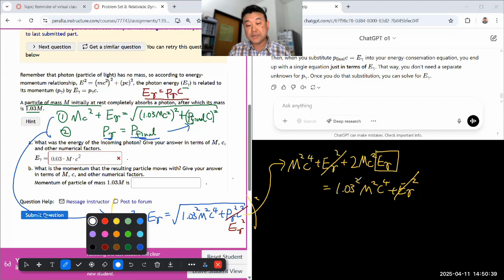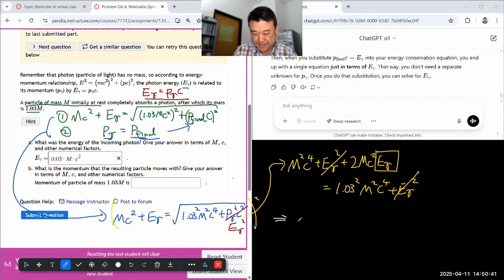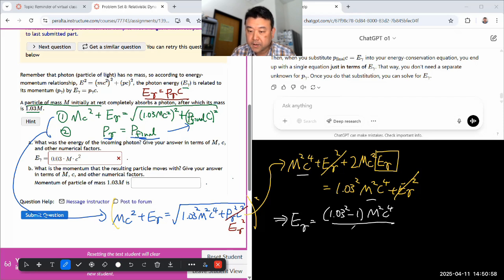This is simple enough algebra to do in my head. Let me not fake mistakes that I wouldn't make. So 1.03 squared minus 1, combining the like terms, m squared c to the fourth, divided by, I'm not doing the whole algebra in my head, just a little bit of it. So I think that'll give me 1.03 squared minus 1 divided by 2.